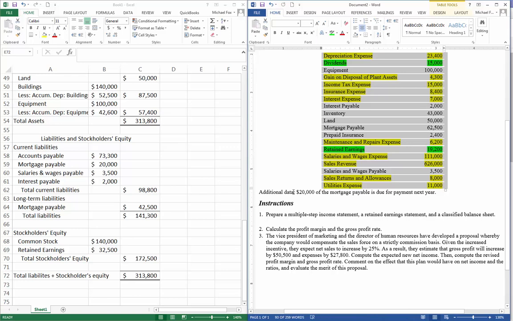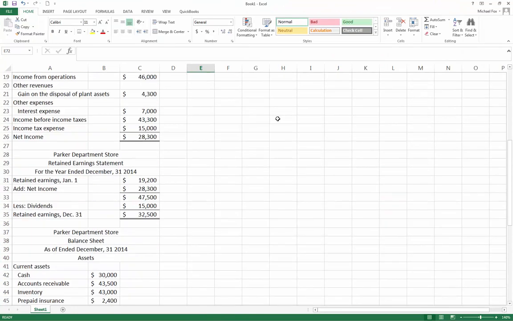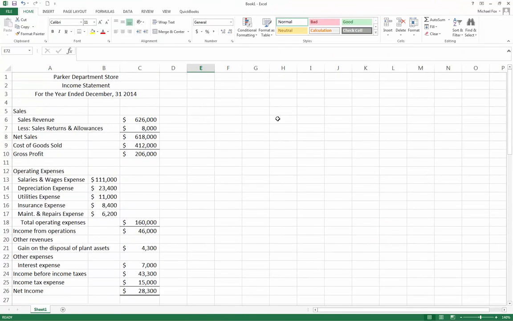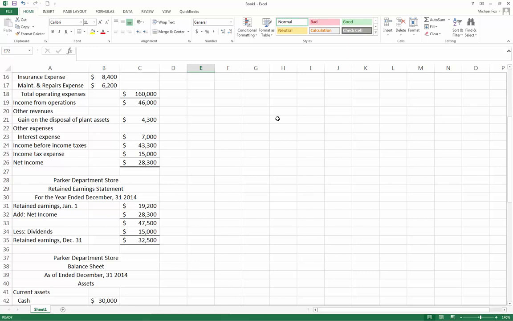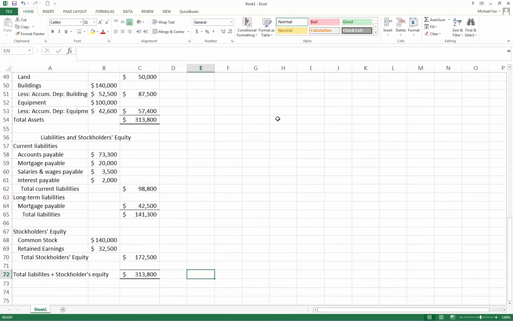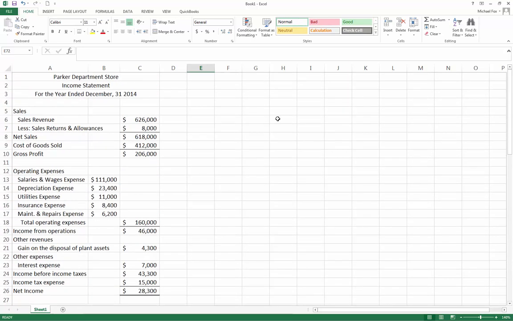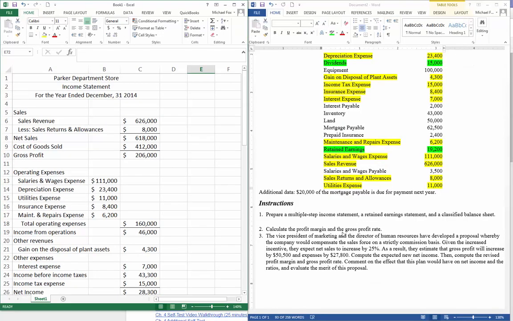So next it says calculate the profit margin and the gross profit rate. Okay, so let me make this a little bigger. So you can see I went through all of this. There's our income statement, retained earnings statement, and the balance sheet. So now it wants our gross profit margin, our gross profit rate, I think they call it in this book, and our profit margin.